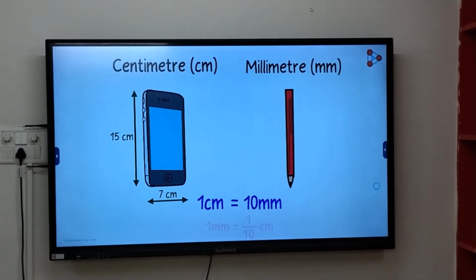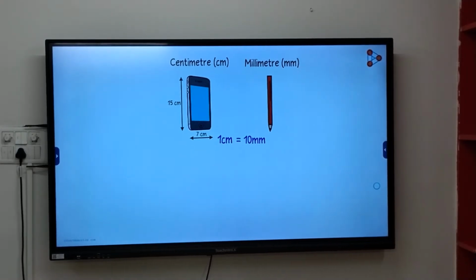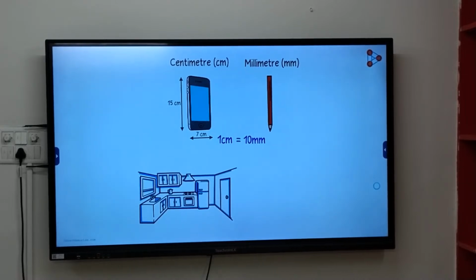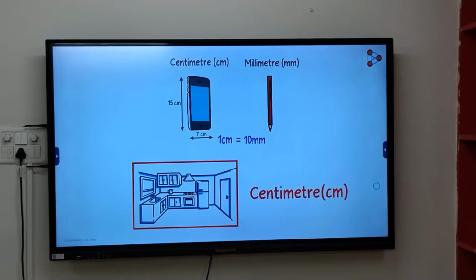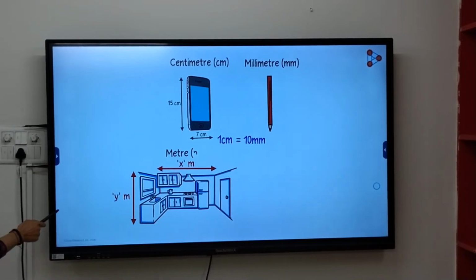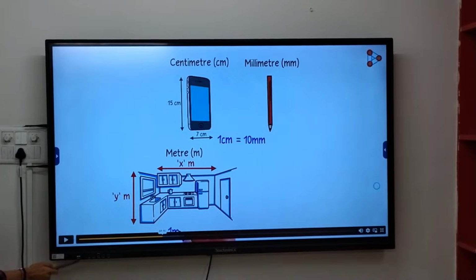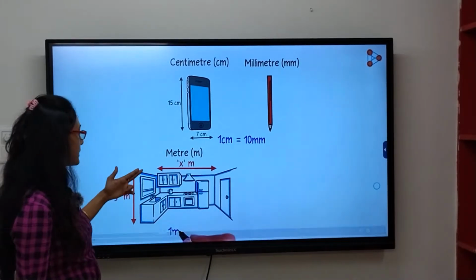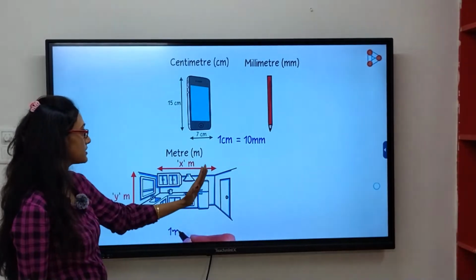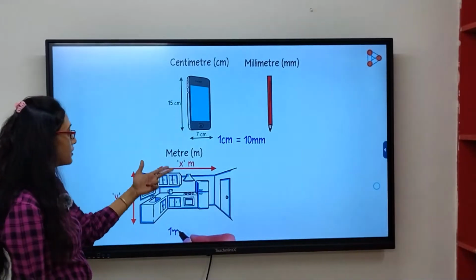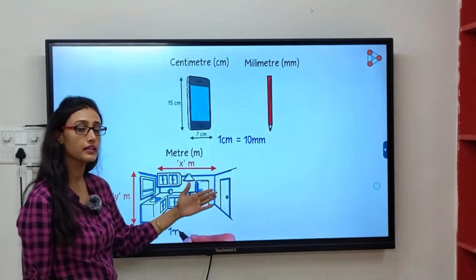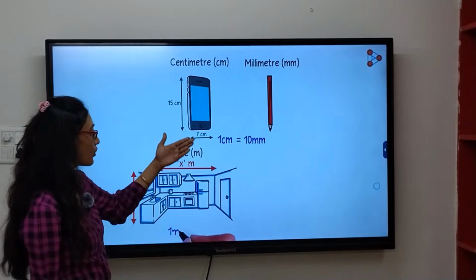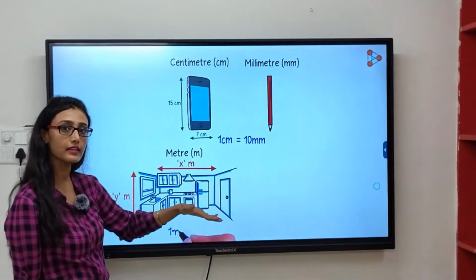Now let's say you want to measure the dimensions of your kitchen area. Again, the length and breadth of the kitchen is much larger than the phone. That's why we will need large numbers here to measure it, and also the unit will vary.